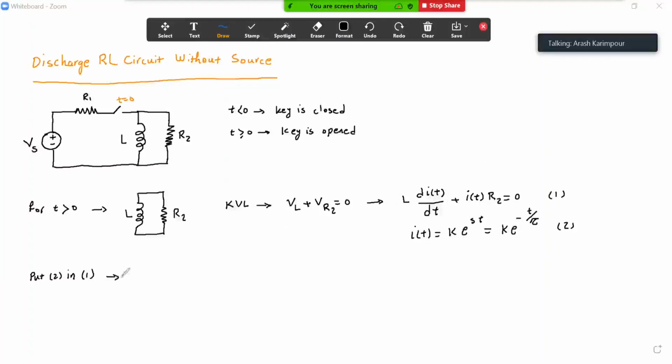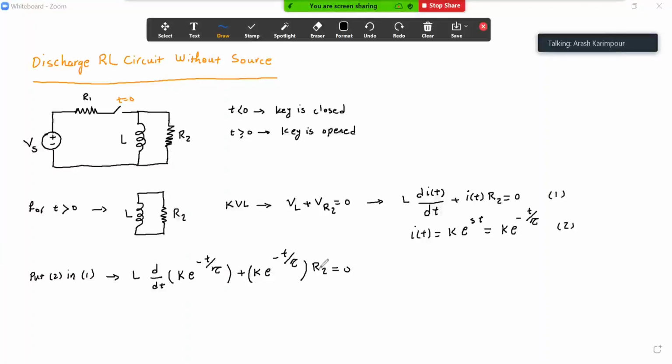So basically if I replace that, it's going to be L d over dt of k e to the power of negative t over tau, plus the k e to the power of negative t over tau, which is the I, times R2, and this is going to be 0.